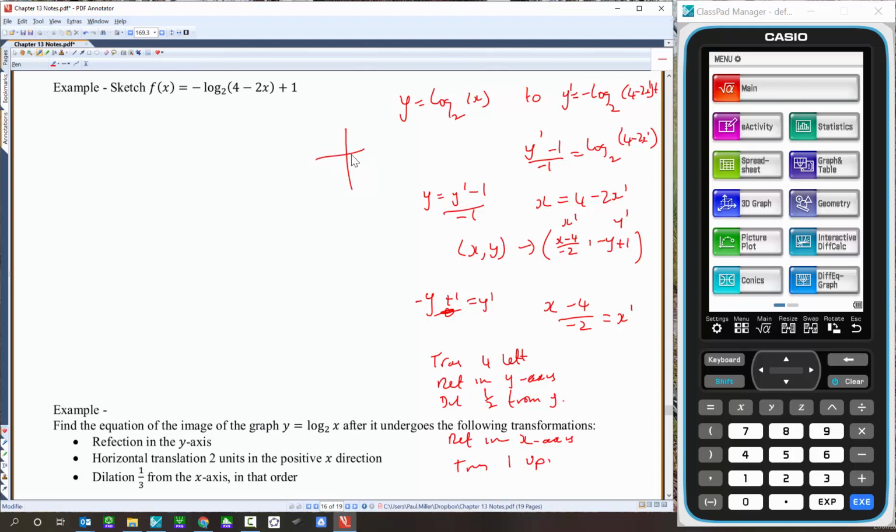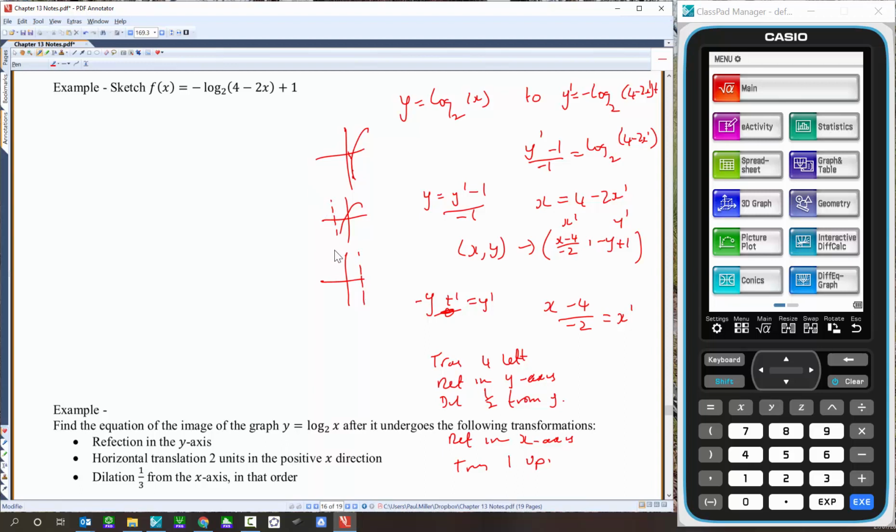All right, now, why did we do this? Here is our standard function. What happens? It gets translated 4 to the left, so the asymptote goes 4 to the left. Reflected in the y-axis means that goes 4 to the right.